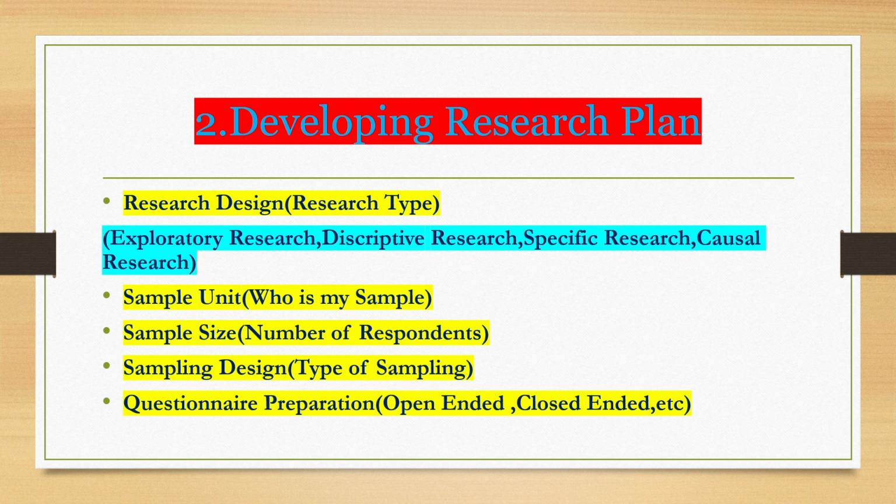Sampling design basically includes probability sampling and non-probability sampling. Under probability sampling, again there are 3 types. They are simple random sampling, stratified random sampling and area or cluster sampling. Again in non-probability sampling, there are judgmental sampling, convenient sampling and quota sampling. They are the broad categories of sampling design.